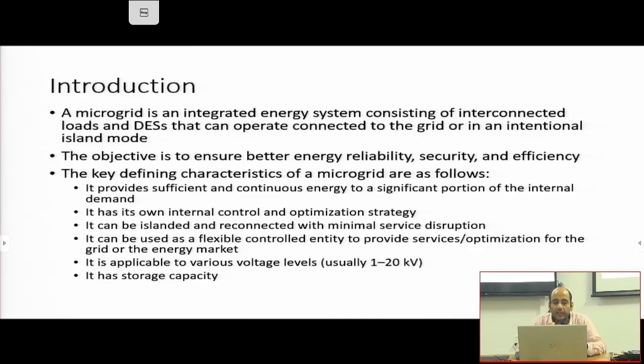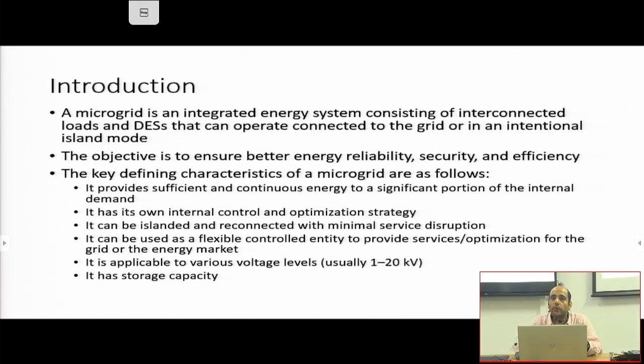Now the objective of a microgrid is to have energy reliability, security and efficiency. The most important point is to have a reliable power supply, because if there is no grid available due to some natural effects, for example a thunderstorm, or whatever the reason, and you have to give supply, you have your local generation.